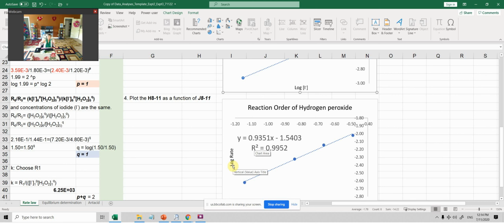You find the best fit line. Determine the slope. The slope is the reaction order for that reactant. So you determine P and Q.